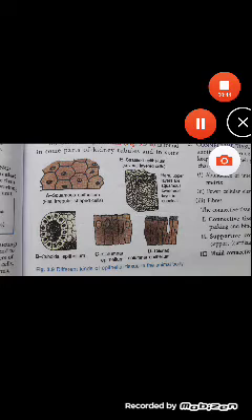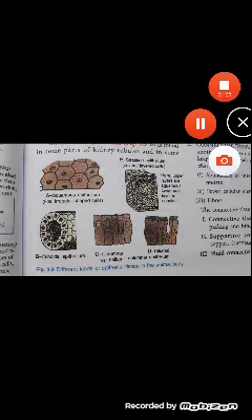As we said earlier also, animal tissue differs a lot from that of plant tissues. When we classify animal tissues, we generally divide them into four categories.